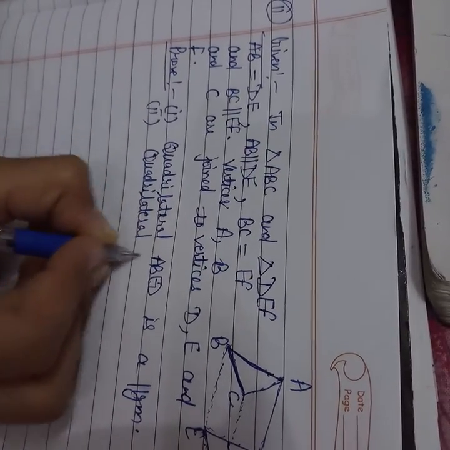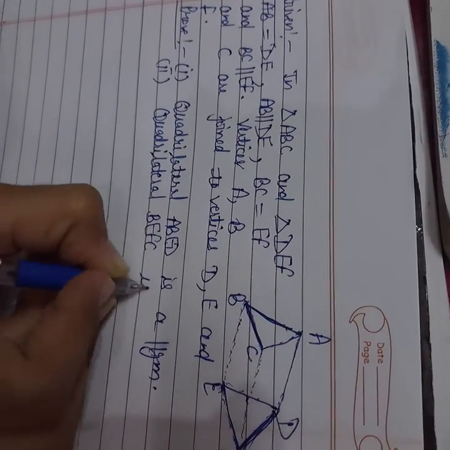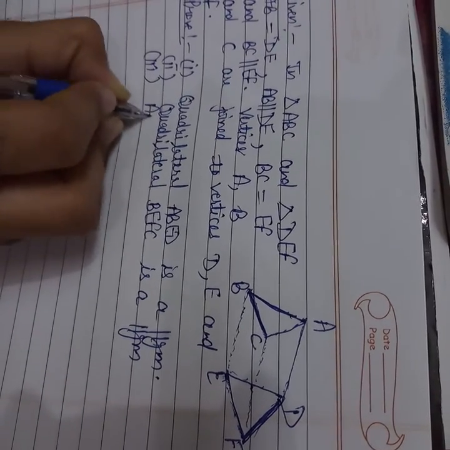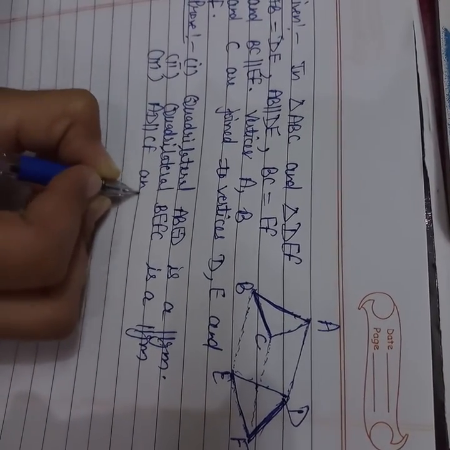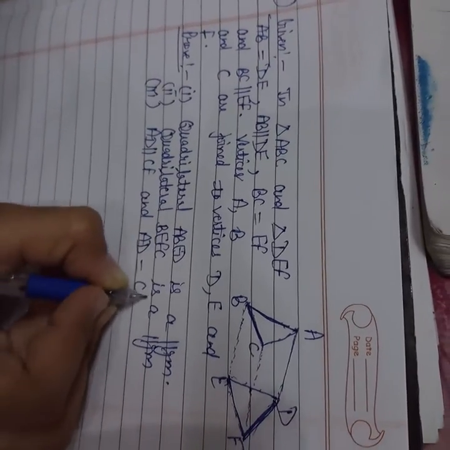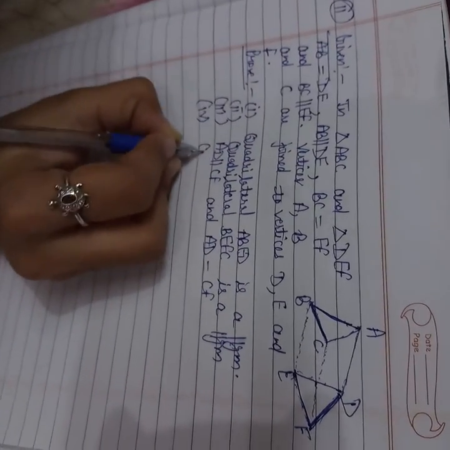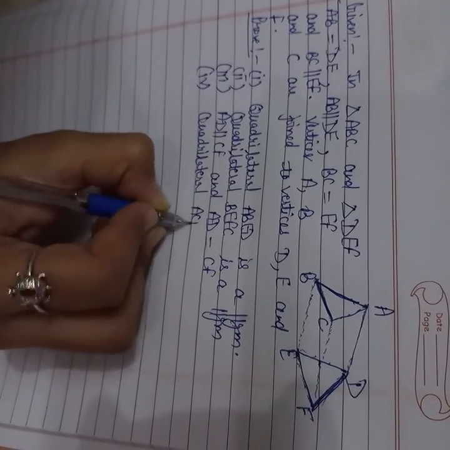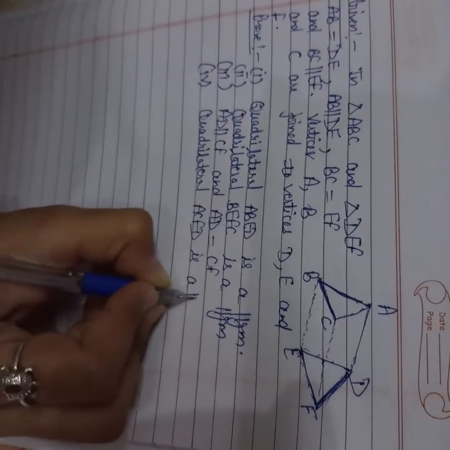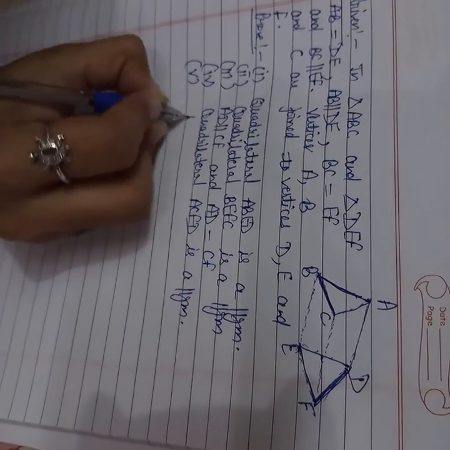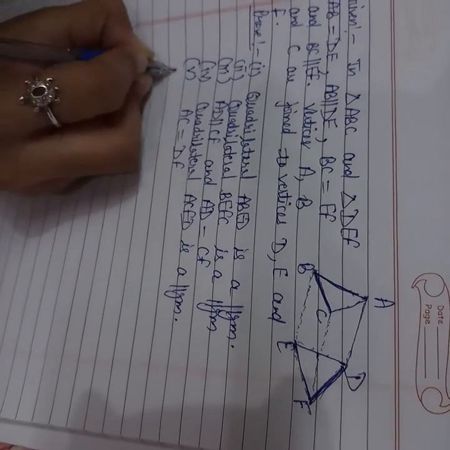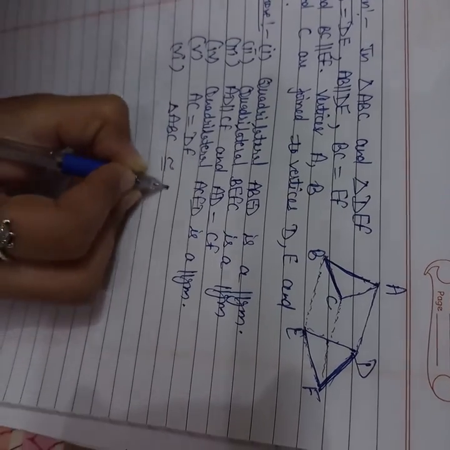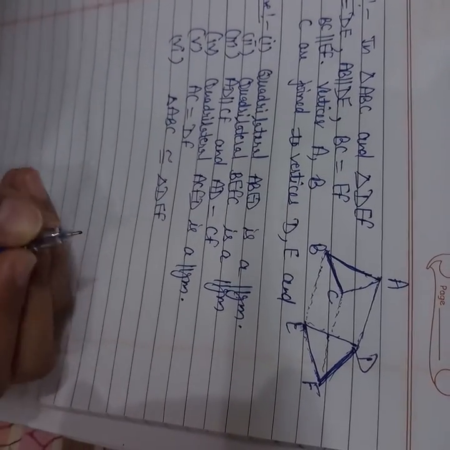Quadrilateral BEFC is a parallelogram. AD parallel to CF and AD equals to CF. Quadrilateral ACFD is a parallelogram. AC equals to DF. Triangle ABC is congruent to triangle DEF.